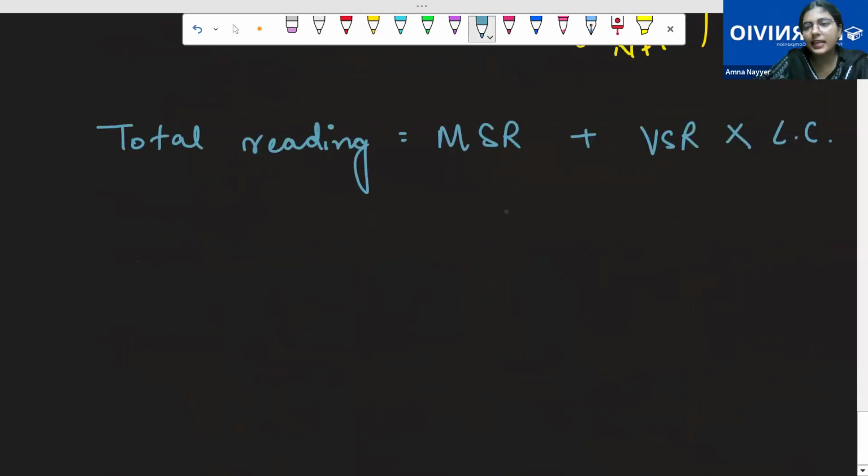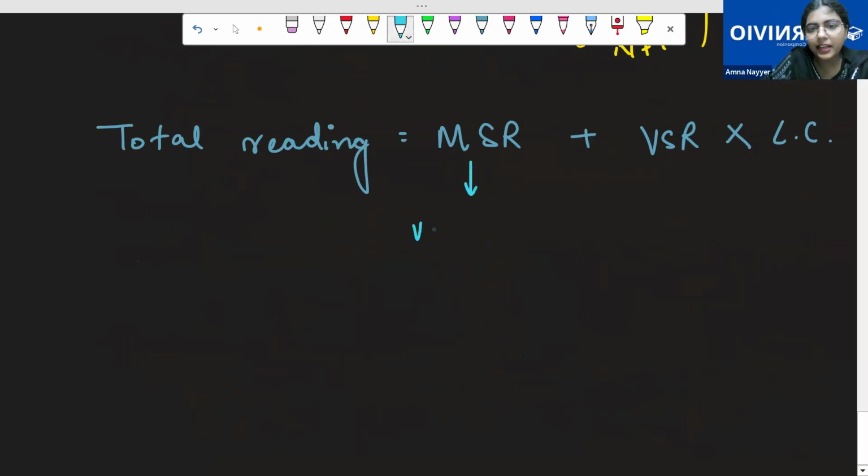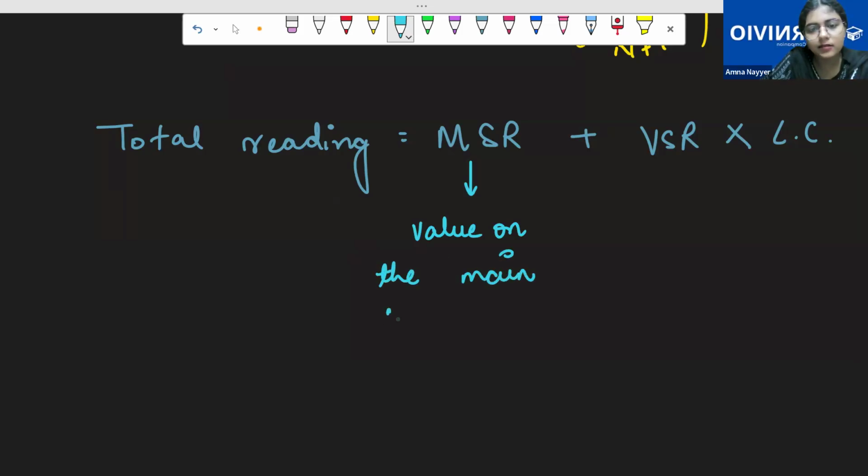Now, how to see main scale division and the Vernier scale division? Main scale division is basically the value on the main scale before zero of the Vernier scale. I'll just write VS for the Vernier scale.